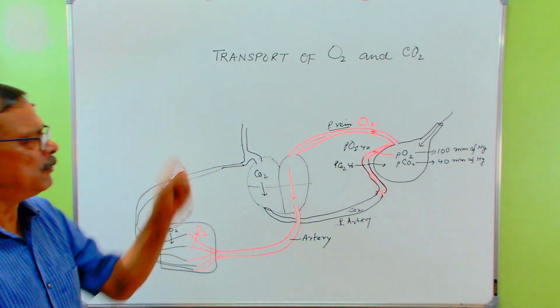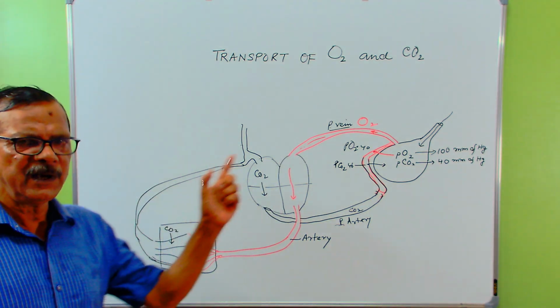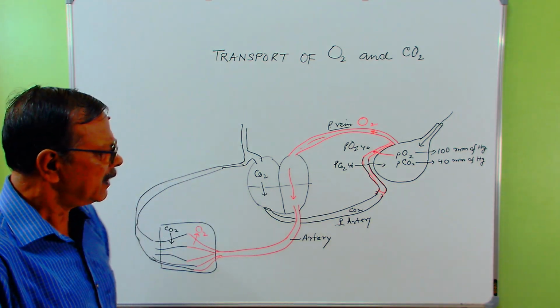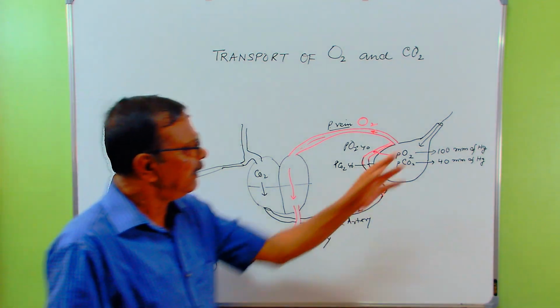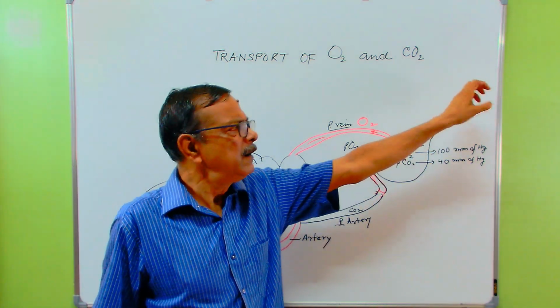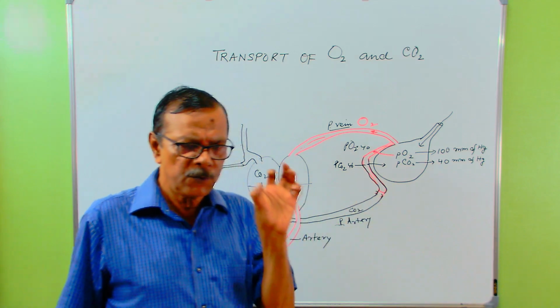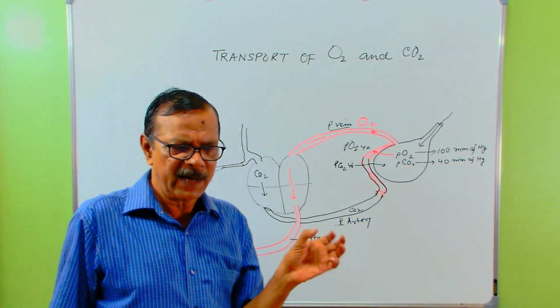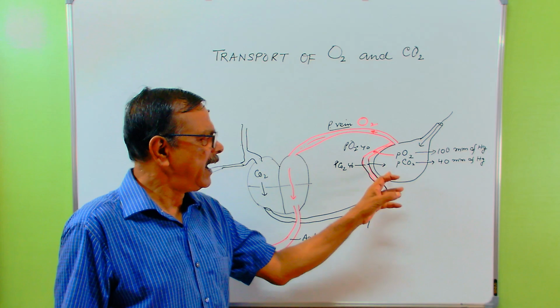This much it is known to us. But what is not known to us, that we will discuss a little bit. What is that? In the alveolar air, that is the atmospheric air which comes through the trachea, bronchus, bronchioles, and in the alveoli.